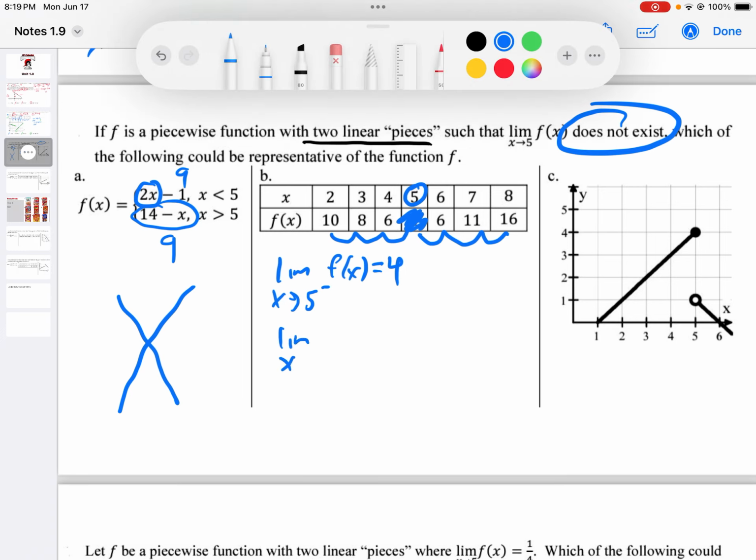The next one going down by 5, the limit as x approaches 5 from the right, that would equal, I already forgot, 1. So that one, the limit does not exist because the left-handed limit, the right-handed limit don't match. So this one could represent f. And then the graphical way, the fastest one, the limits from the left and the right, they don't approach the same number. So that one does not exist also. So it could represent f.